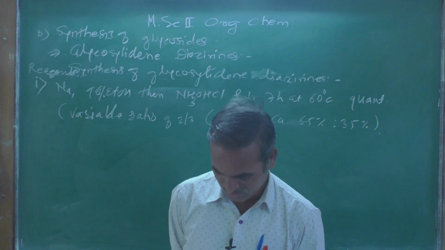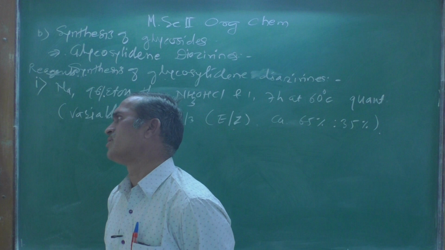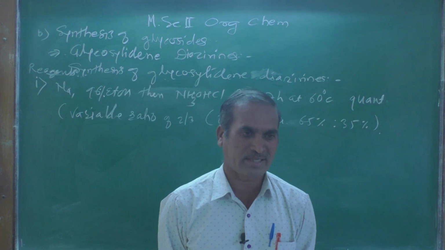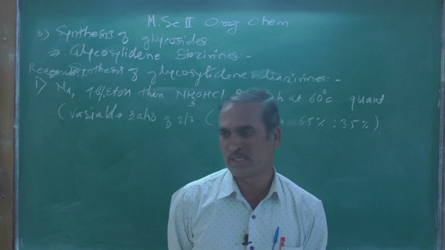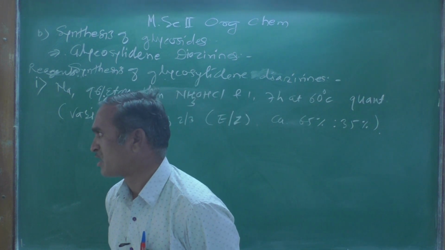And there is one general statement regarding those isomers: trans isomer is generally more stable than cis isomer.